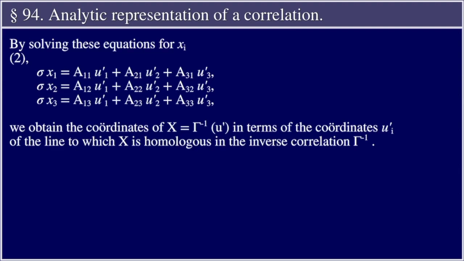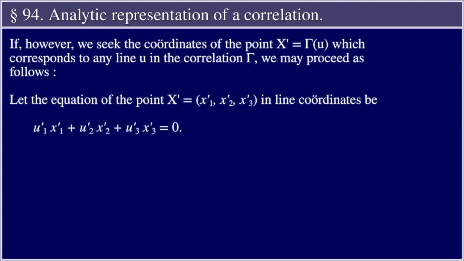Sigma x3 equals a13 u1' plus a23 u2' plus a33 u3'. We obtain the coordinates of x equals gamma inverse of u' in terms of the coordinates u_i' of the line to which x is homologous in the inverse correlation gamma inverse.